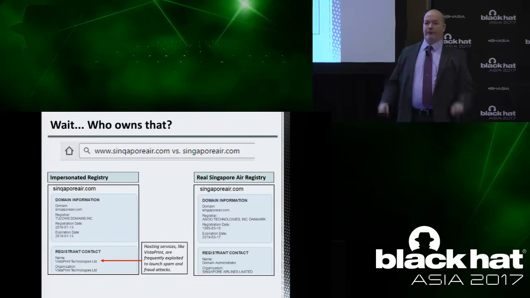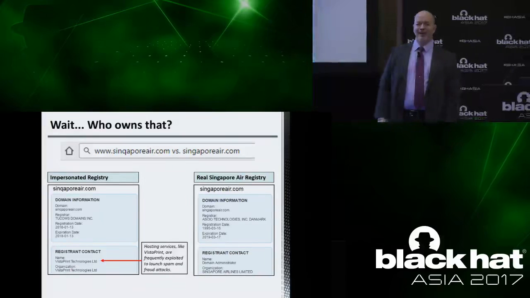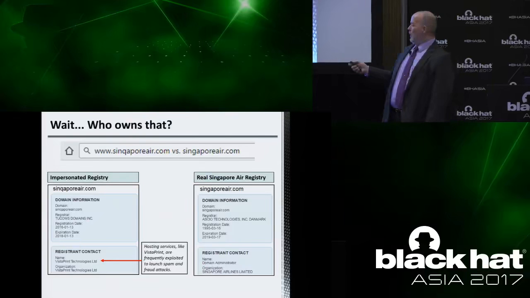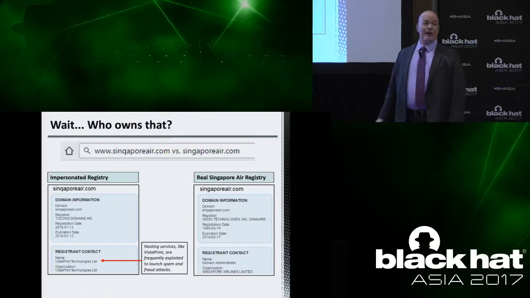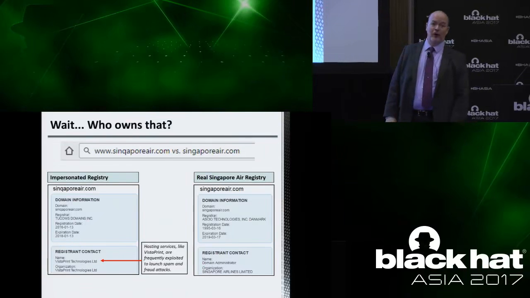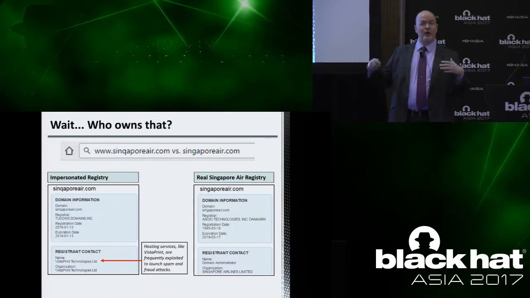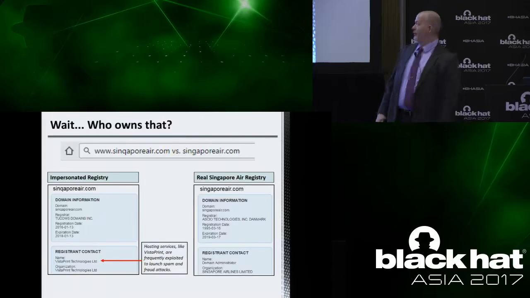They allow a free 30-day domain. Any domain you want, you can get for free for 30 days, and they have low cost hosting. And so I see Vistaprint show up on a lot of very targeted email compromise schemes. So just something to keep aware of.